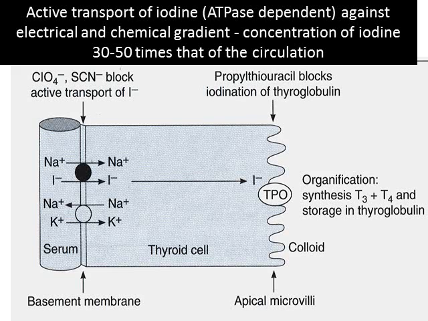The follicular cell has a higher concentration of iodine, in the normal cell around 30 to 50 times greater than the ECF. In spite of that, active transport of iodine takes place through the basement membrane. Because it's a secondary active transport, it's a sodium-iodide symport, and the mechanism is facilitated by TSH, thyroid stimulating hormone.